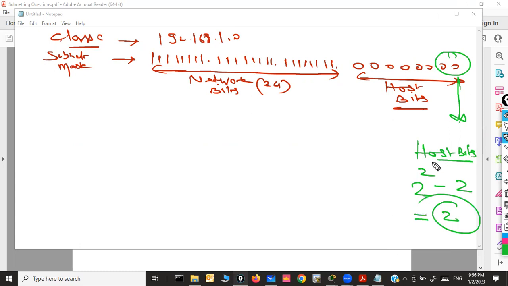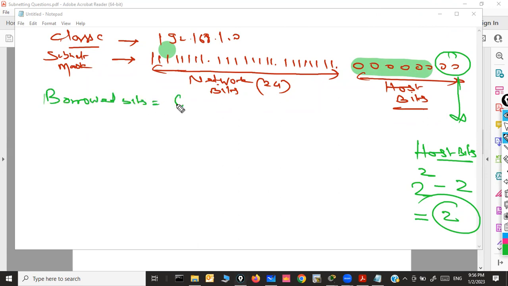If we use 3 bits for the host, 2 raised to the power 3 minus 2 would be 6 IPs. So what we did is leave 2 bits for the host, and the rest will be borrowed for the subnet. So the first step is completed.